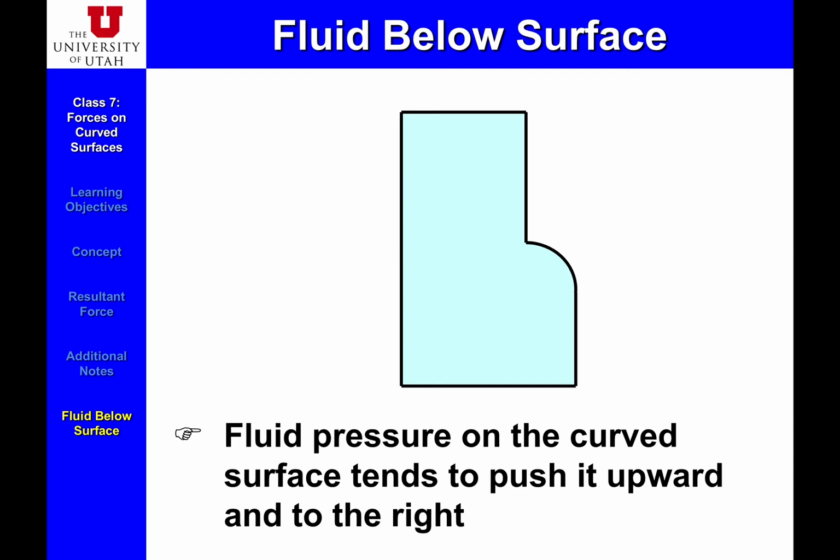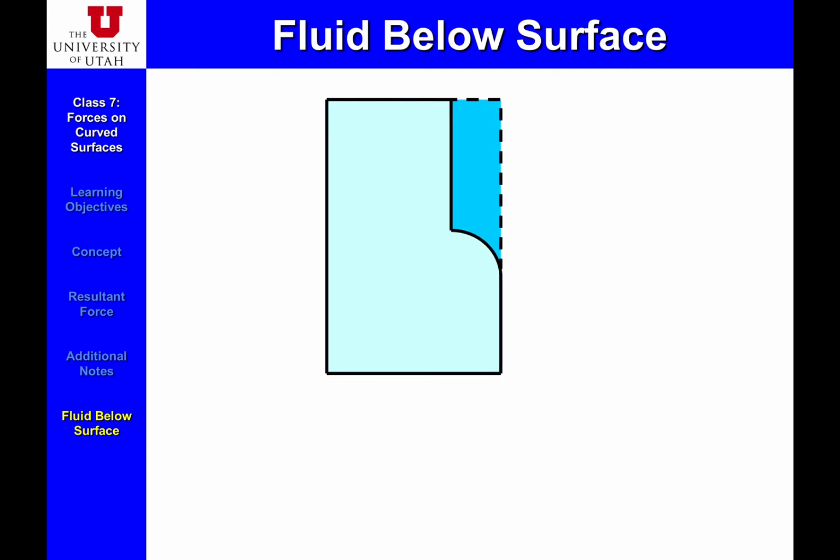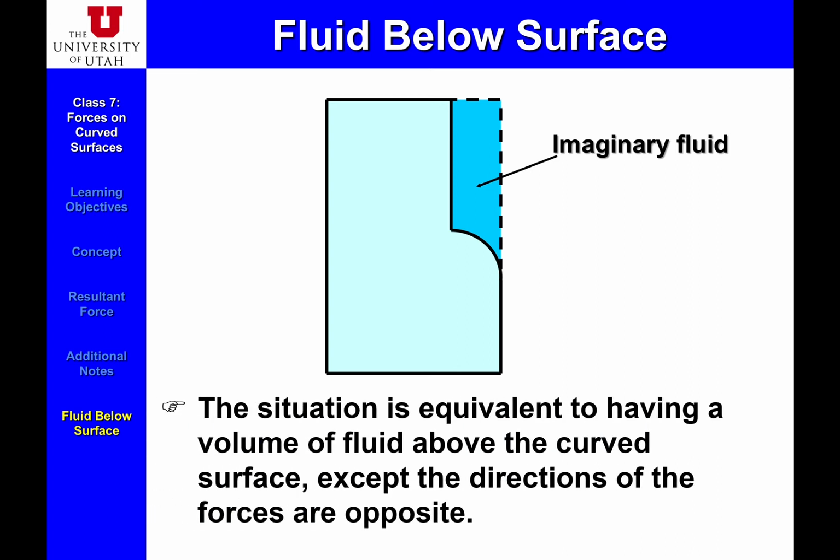So the way we analyze this is to create an artificial volume of fluid above the curved surface to help us calculate those forces. So this is imaginary fluid here. And basically, we use this to help us with these opposite forces.